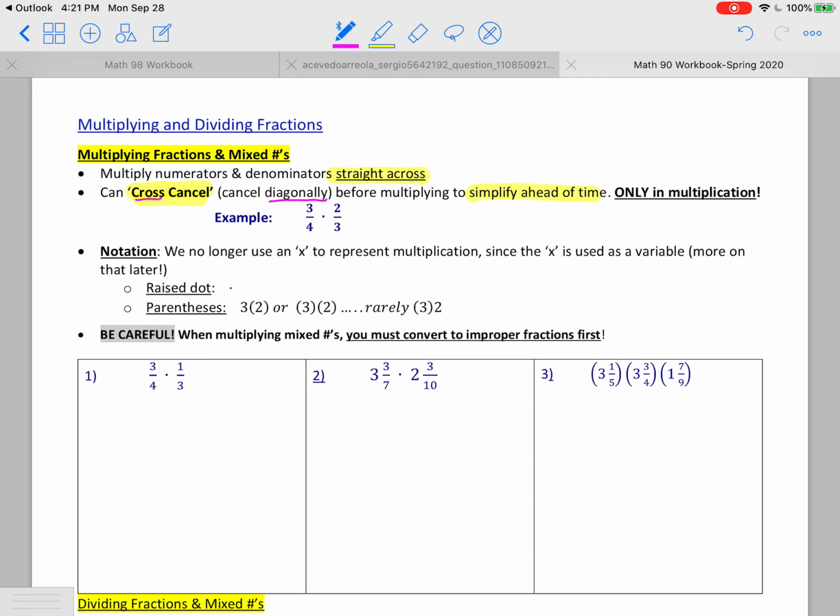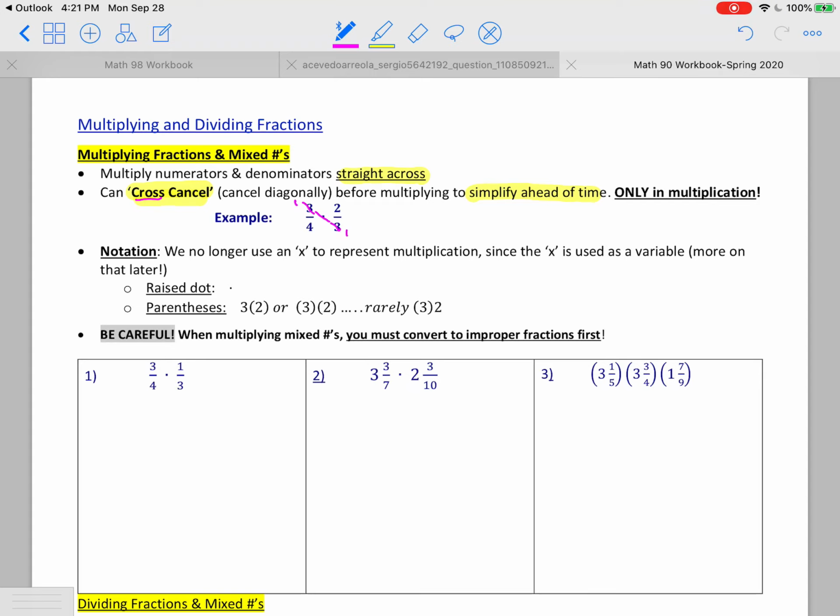This whole idea of cross means diagonal. So we're looking diagonally to see if we have any common factors. If we look across this way for the 3's, we can see that 3 and 3 go into each other, right? So they cross each other out, leaving 1's in their place.